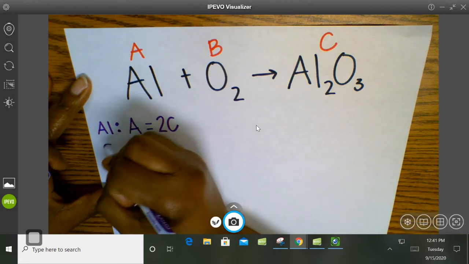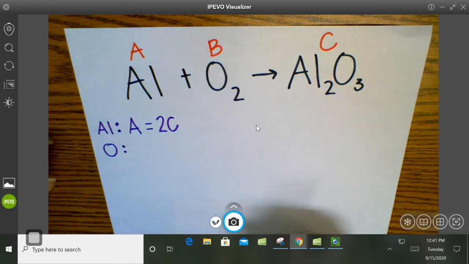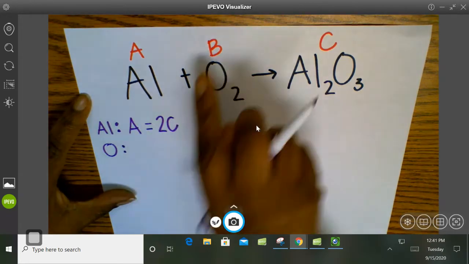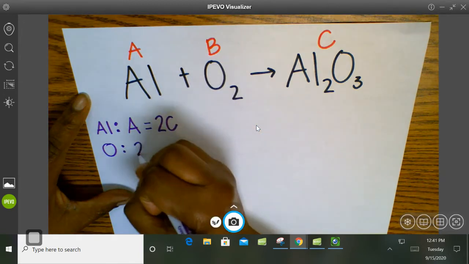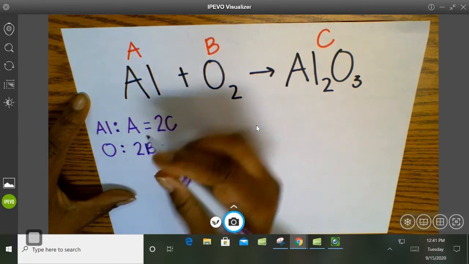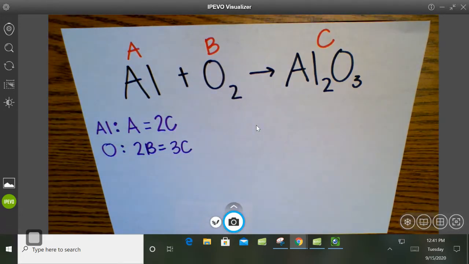All right, we're going to do the same thing for O. So why don't you figure out your equation and then come back and see if you got it right. All right, so for O, on the reactant side, you have 2 oxygens under B, so that's going to be 2B. And you have 3 under C. All right, so 2B equals 3C.